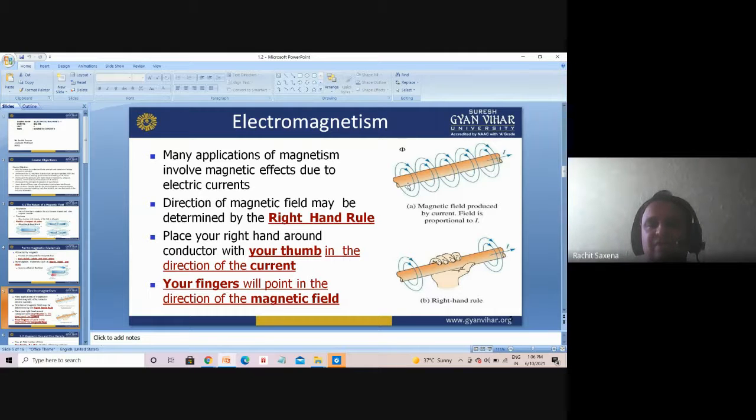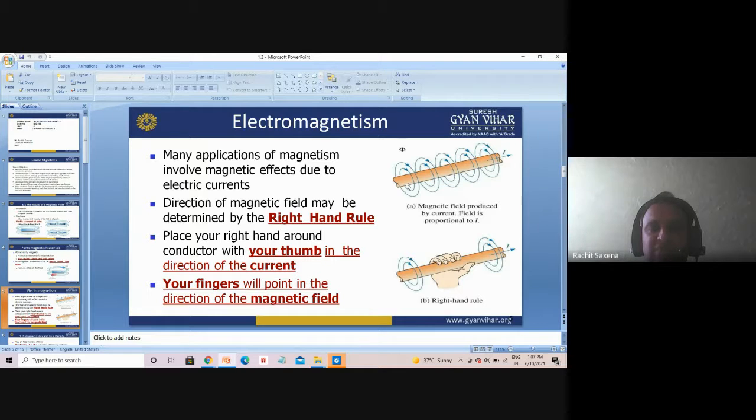Because in a coil we have turns, and we can say phi is proportional to I, or phi equals L i. So L represents the inductance, which relates to the turns. And in an electrical field we can convert it to a magnetic field.